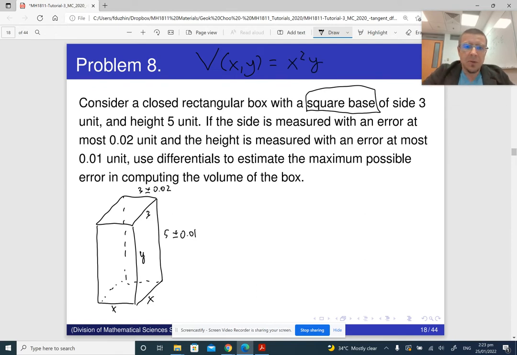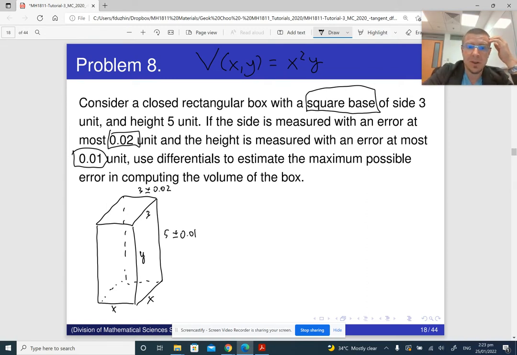All right, so these errors, 0.02 and 0.01, they could be positive or negative, right? But essentially, if you underestimate the actual dimensions, so if the actual dimensions are bigger, then of course the volume is going to be bigger, right?